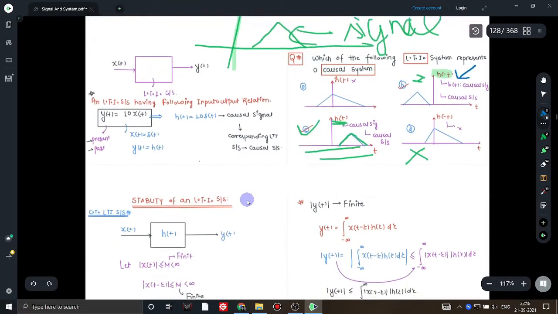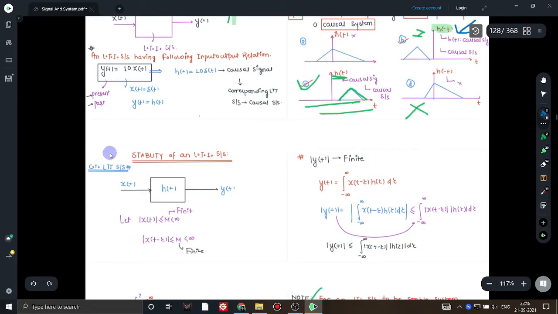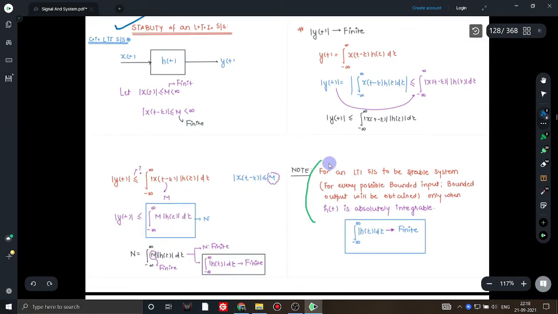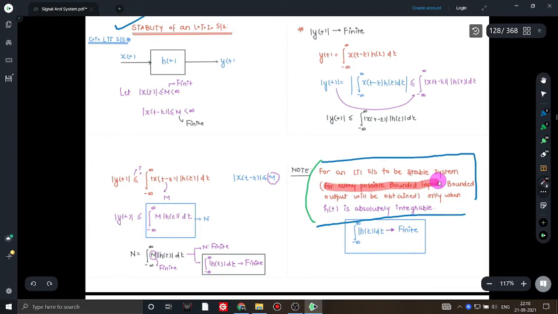Now moving on. Now comes the second property of an LTI system, that is stability. So how do we check whether an LTI system is stable? Read this. For an LTI system to be stable, for every possible bounded input, a bounded output will be obtained only when s(t) is absolutely integrable.